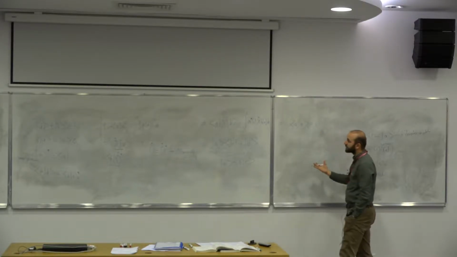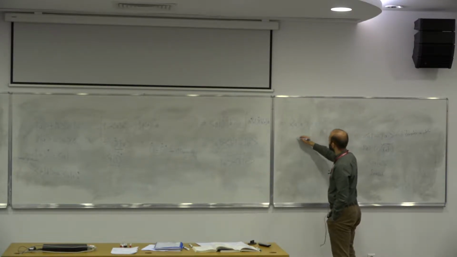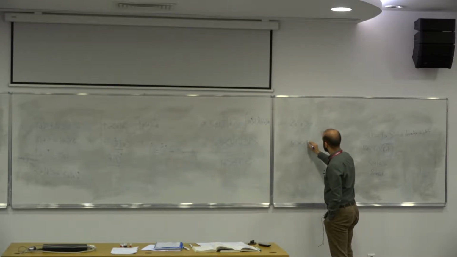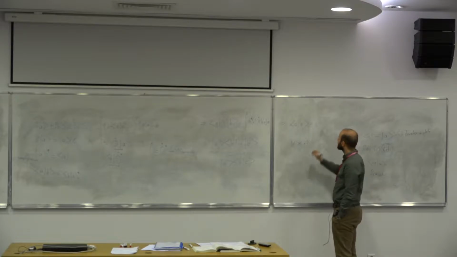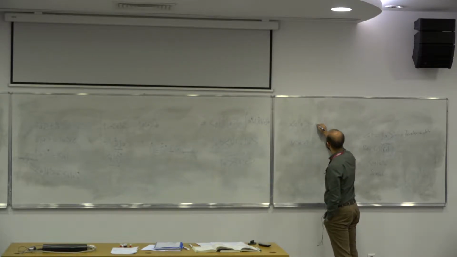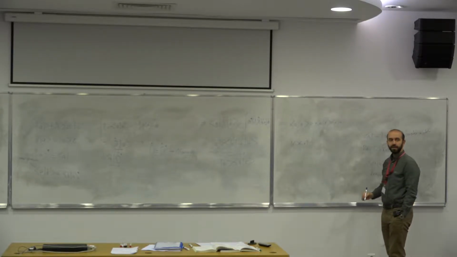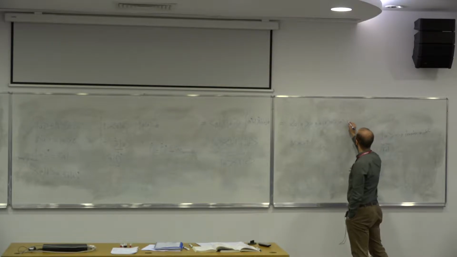If you really want to, a more rigorous way of writing this is that I have to introduce this identity in between. So this will give me something like this, and this corresponds to this integral.